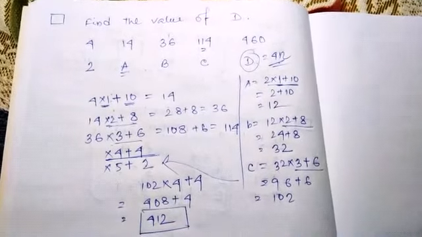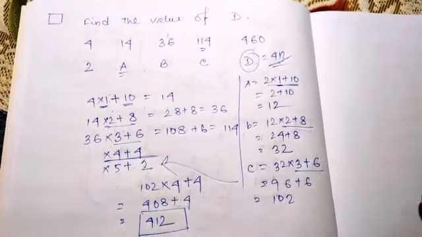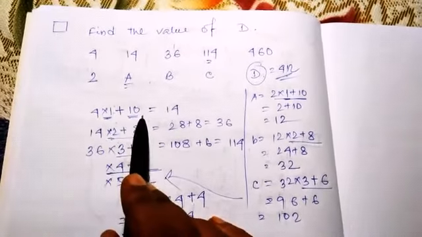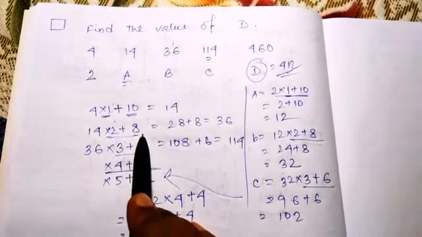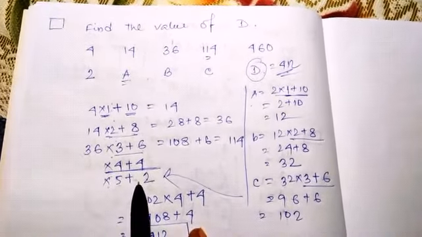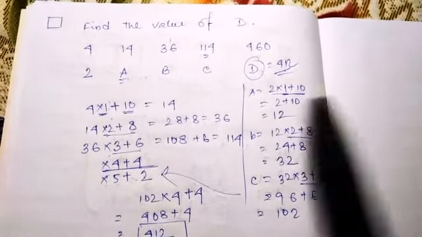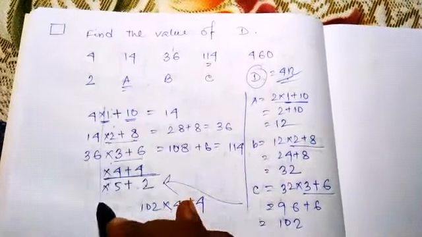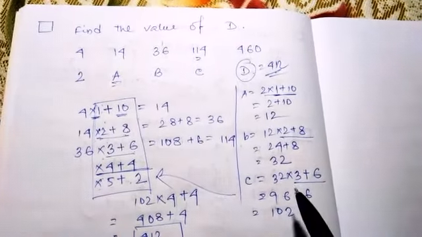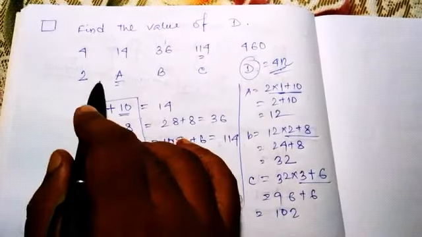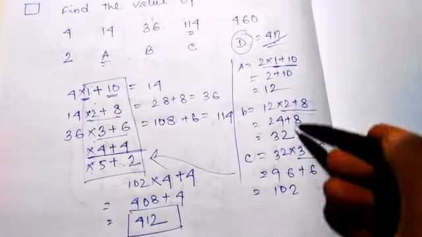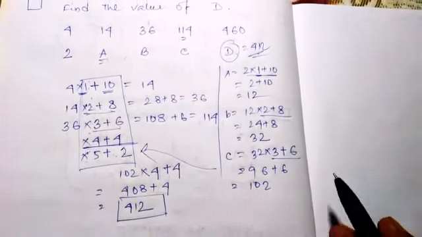Here I have found the sequence of the first series, that is multiplied by 1 plus 10, multiplied by 2 plus 8, into 3 plus 6, into 4 plus 4, into 5 plus 2, and so on. And I have applied this same sequence in the next series to find A, B, C, D. You have noticed this very easily.